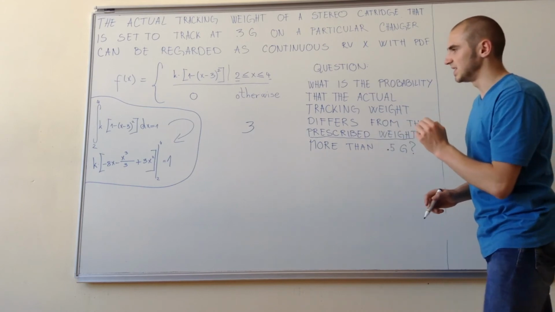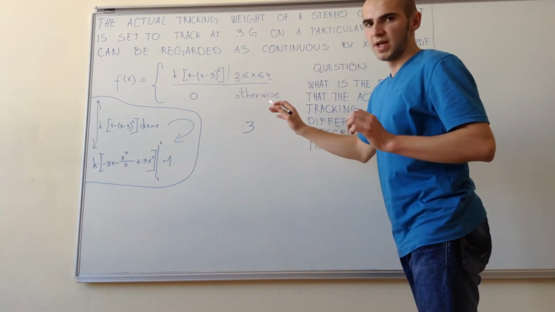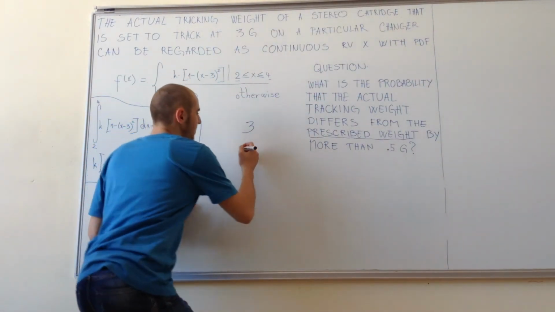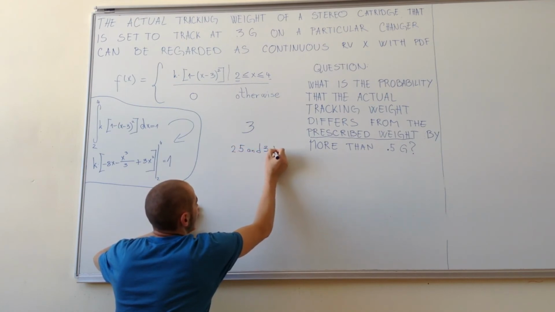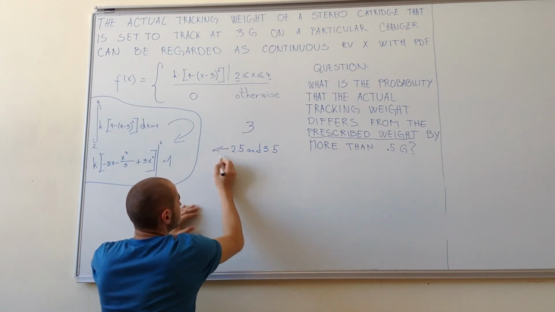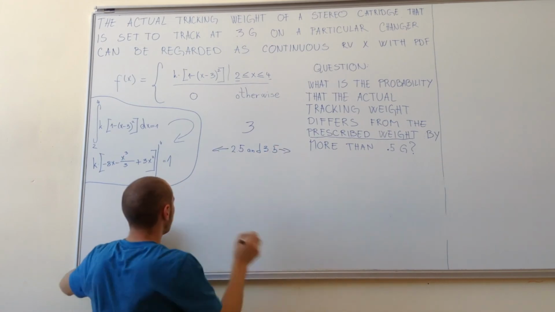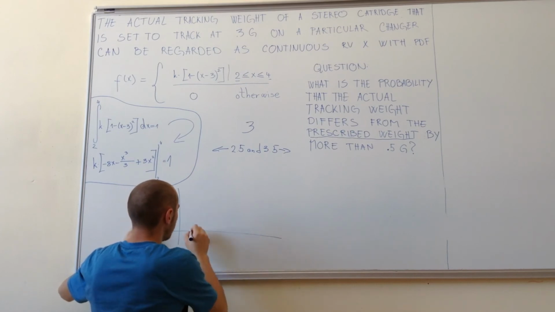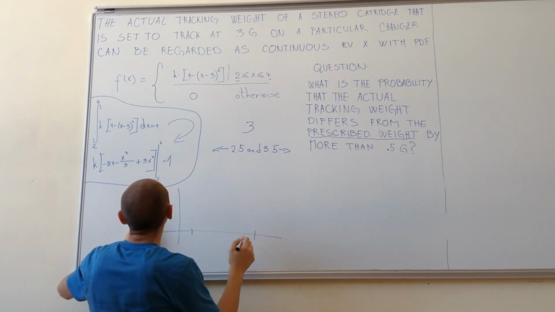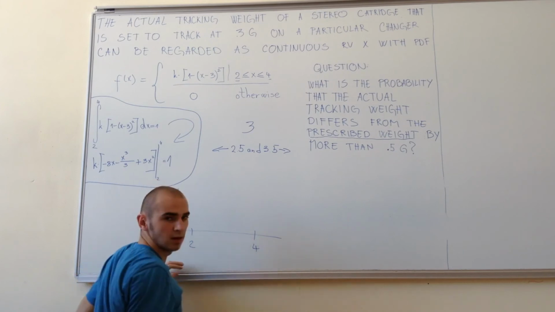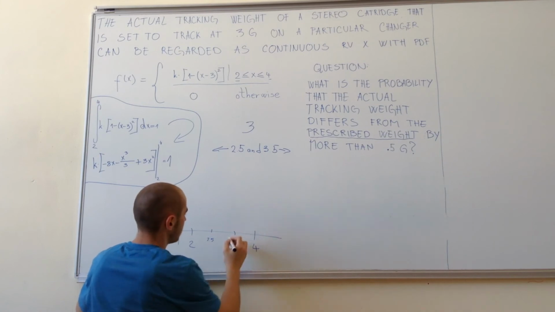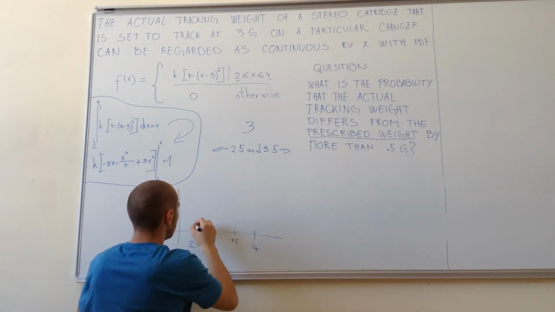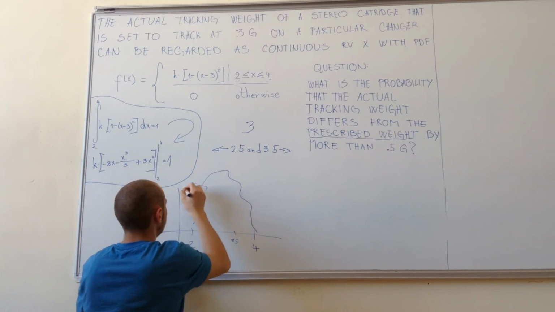It means that our actual weight will not be between 2.5 and 3.5. So it has to be on this side or on this side. If we draw our graph, it will be like this. Let's say 2.5 is here and 3.5 is here. We know this is 1.